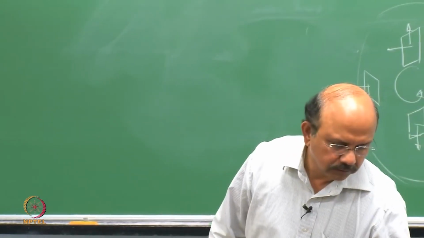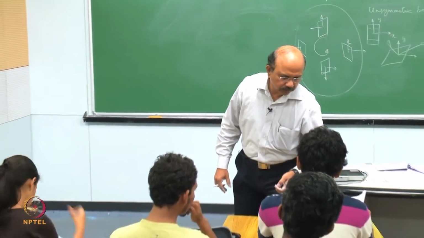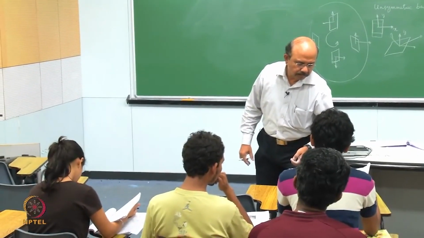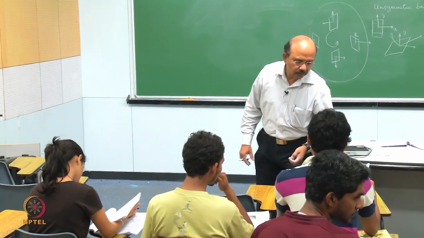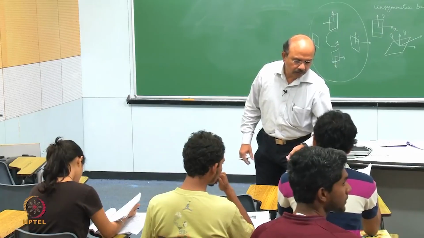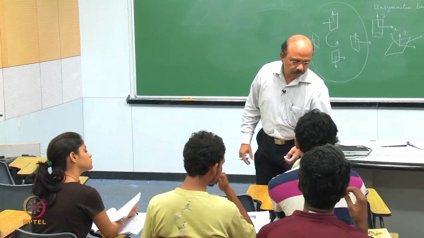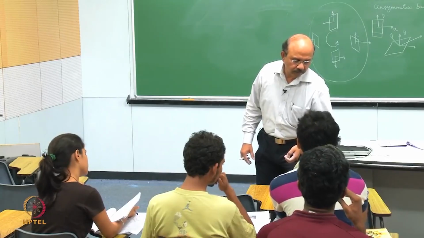We have found F equivalent, T R equals F into R D, about this point. So all the points are equivalent in this case. Can we apply it about the point where the equivalent force is?